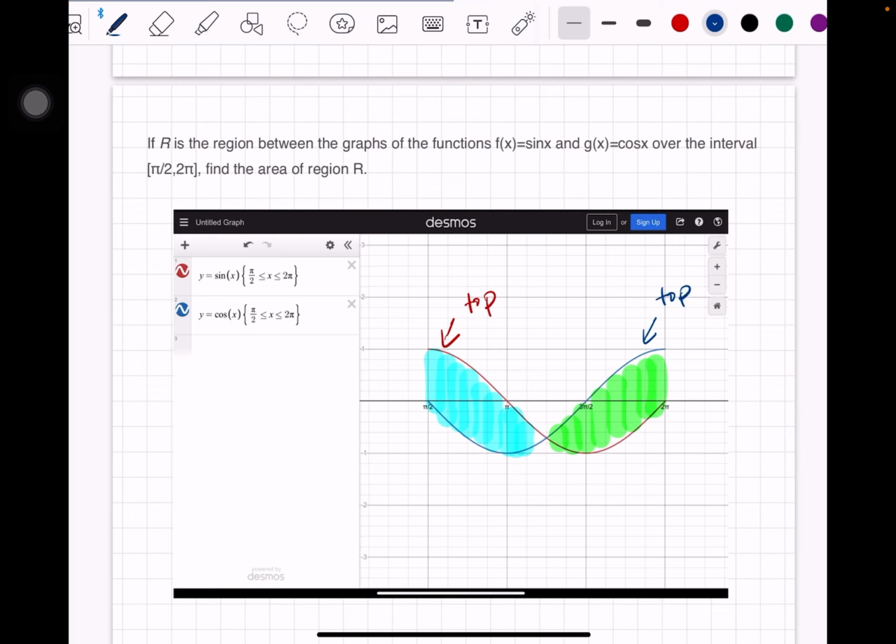So if we're going to use the top function minus the bottom function to find the area between them, we do not know which one to use. So for this type of problem, we have to think about there being two different areas, and we're going to find the two different areas separately.